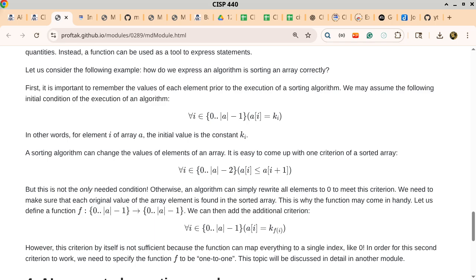Because all you specified is f only has to be a function. There are no special properties about this function that you have specified other than it has to map every valid index of the array to a particular value, which is also a valid index. So I just map everything to 0. Okay.